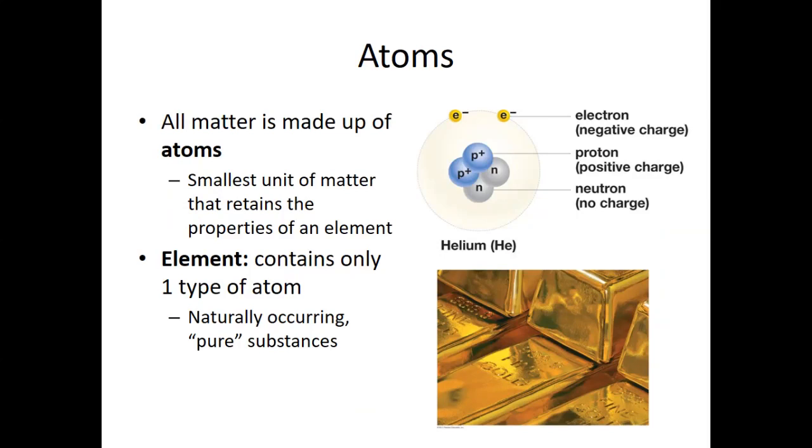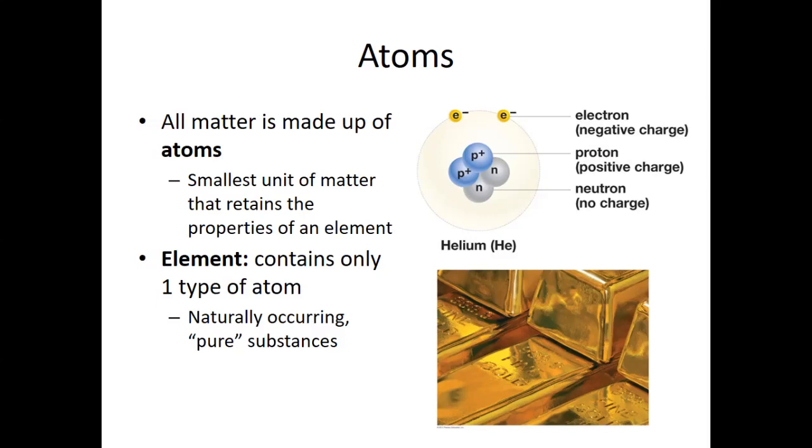The difference between an atom and an element is that all atoms of a specific element, for example, gold, which you see in the picture, gold is an element, all the atoms of gold will be identical and they will have the same properties.